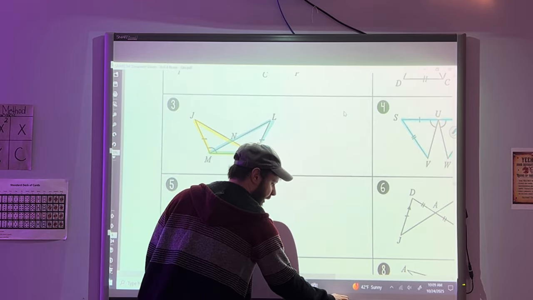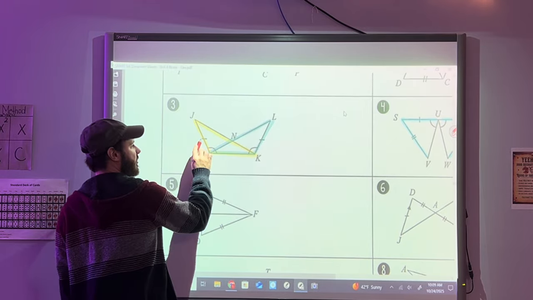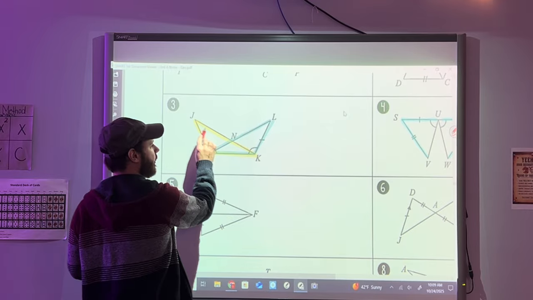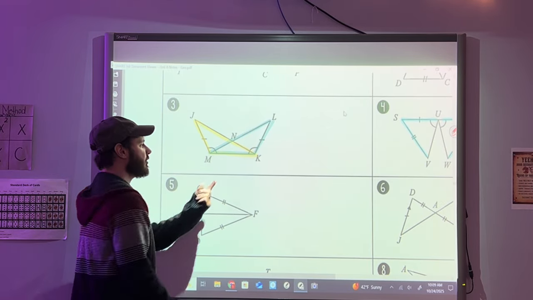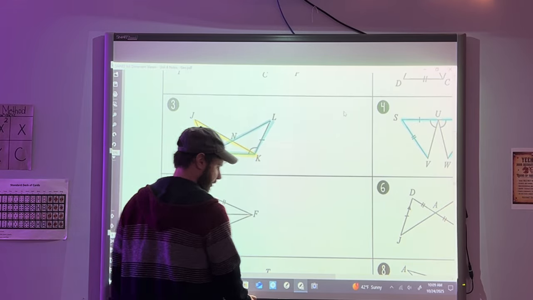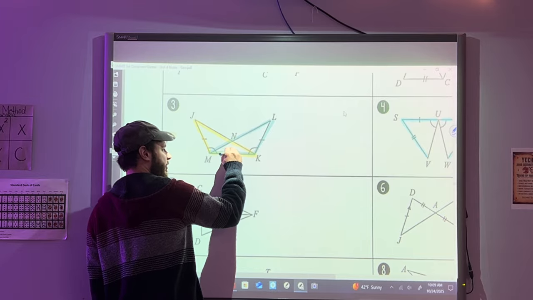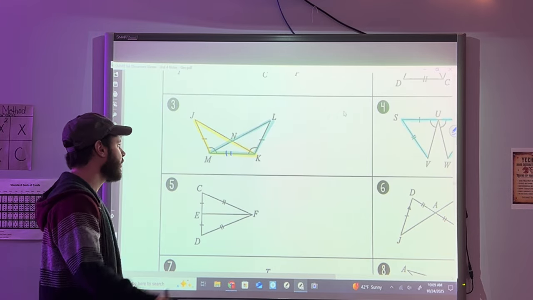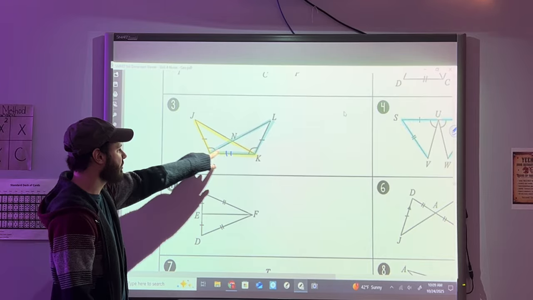Now let's look for the matching parts. Here I have a side. I don't have enough information for the other side. I don't know that this one matches this one. But do you see where the yellow and the blue overlap at the bottom? That's going to be important because they share that side. If I were to drag these apart, that bottom would go with both of them. So here I have side, side.